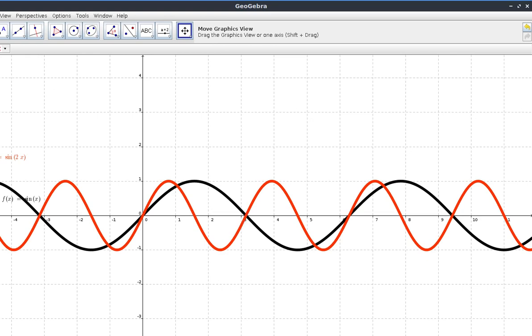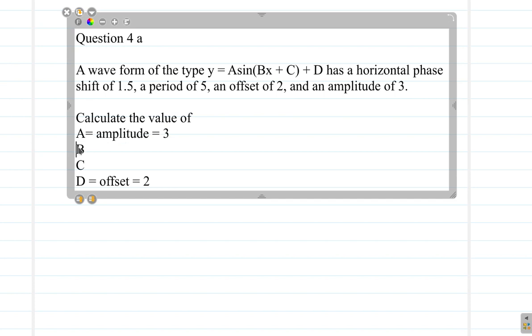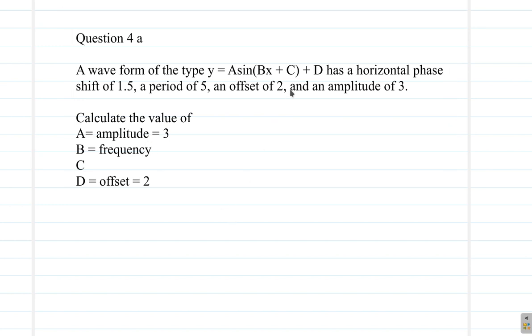So here, the b in bx is the frequency. He didn't ask for any frequency value, but we know whatever multiplies x would be the frequency. b equals frequency.